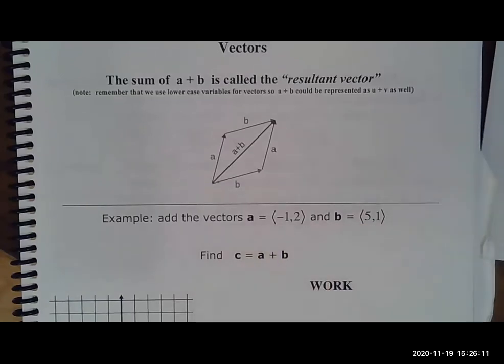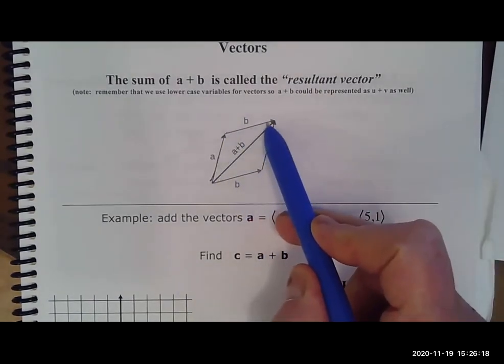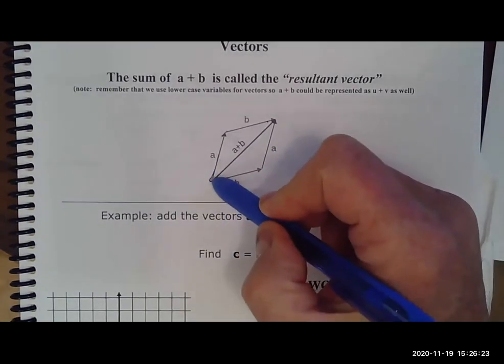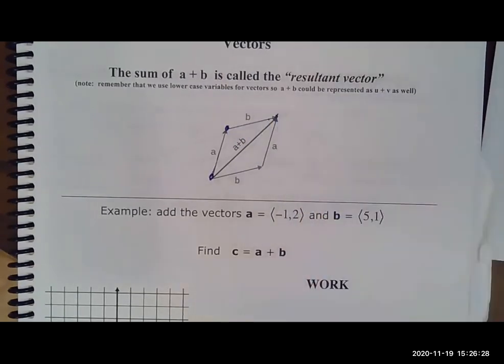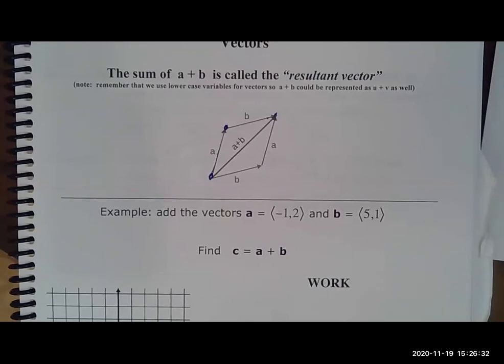So it's pretty simple. What it does, though, is if you've got a vector A here and a vector B here, not tied to the origin, just some P to Q and Q to S, let's say, then when you add them together and you get a result, that's why they call it the resultant vector. It turns out it's the vector that connects the diagonal of a parallelogram. Whoa, that's a mouthful.